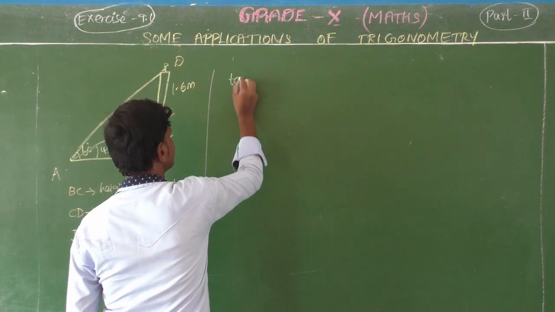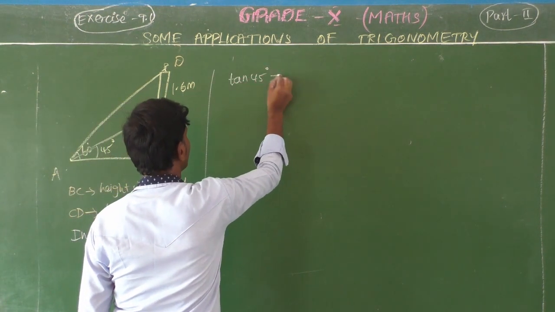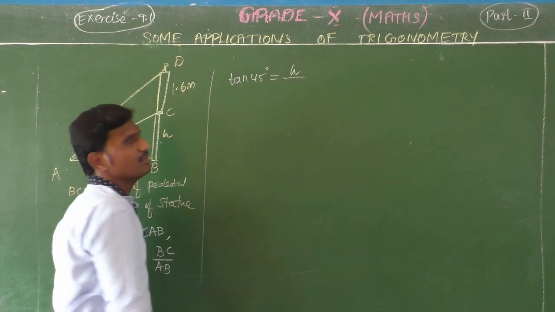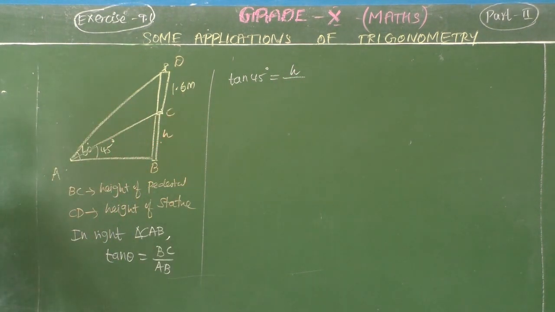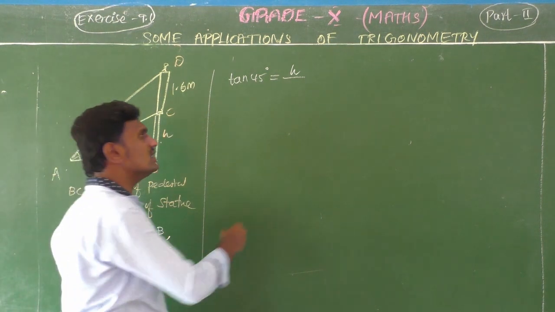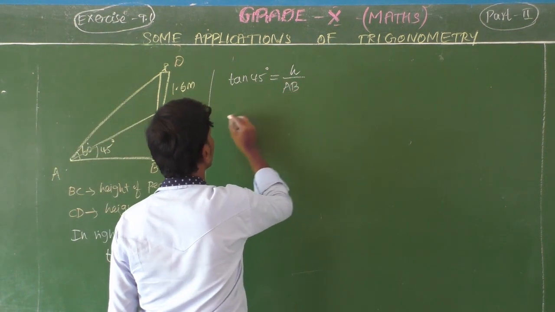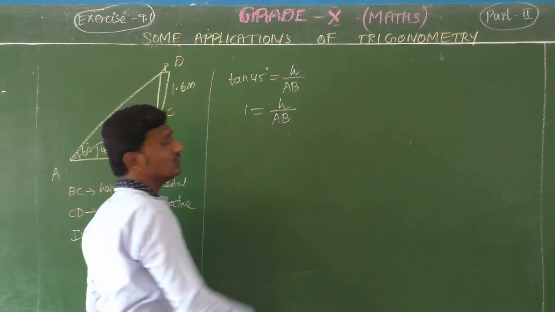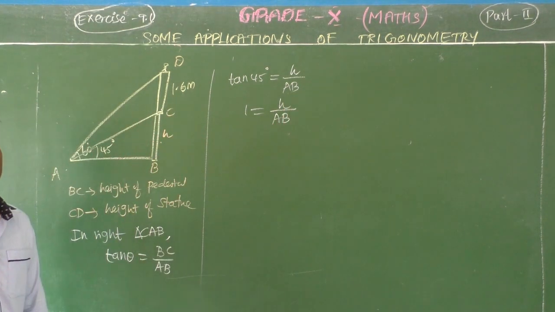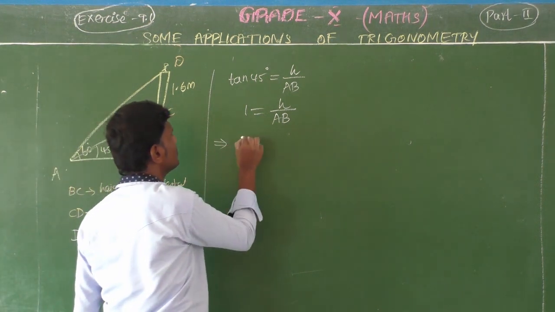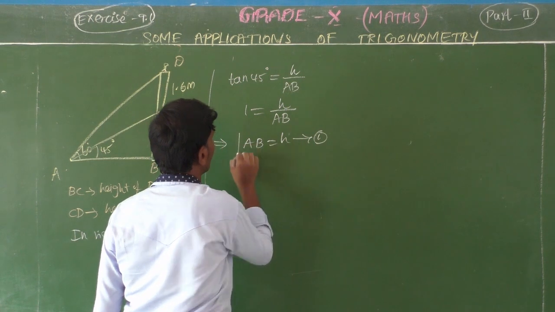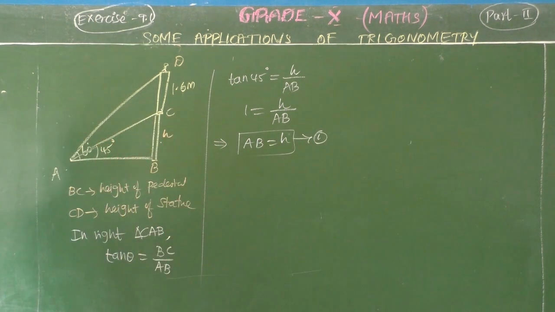So tan 45 degree is equal to opposite side BC, that is denoted by H, divided by AB. Tan 45 is 1. So 1 equals H by AB. Cross multiplying, AB is equal to H. Take this as equation number 1.